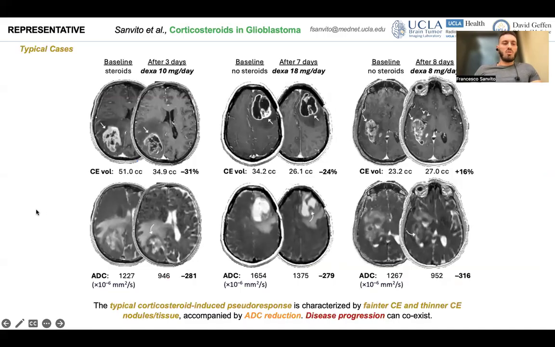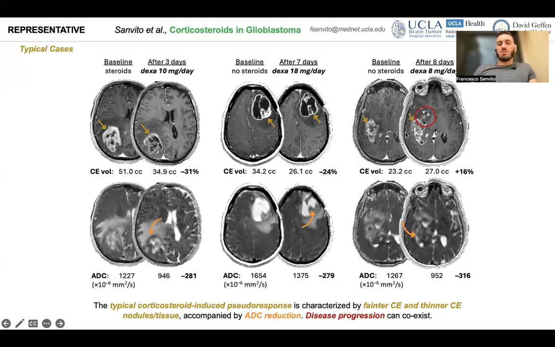So first, representative cases: as described before and as we expected, we see that the enhancing tissue after corticosteroids becomes thin, like the nodular components shrink down, and this is what we decided to call a pseudo-response, just because it's very similar to the bevacizumab pseudo-response in terms of appearance and mechanism. And for diffusion, what we see is that areas of enhancement do show diffusion restriction after corticosteroids.